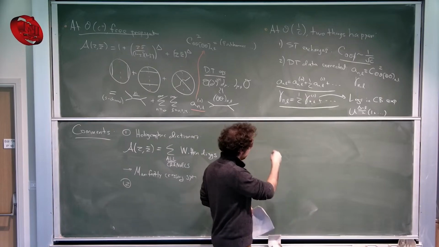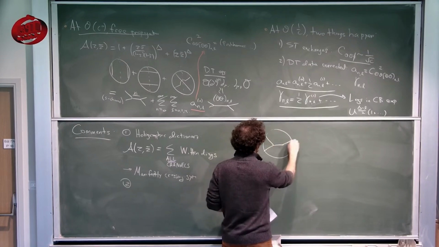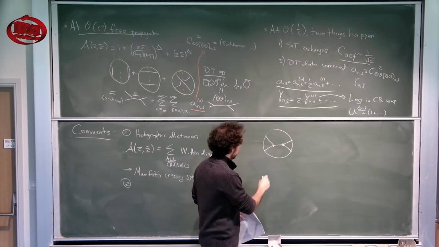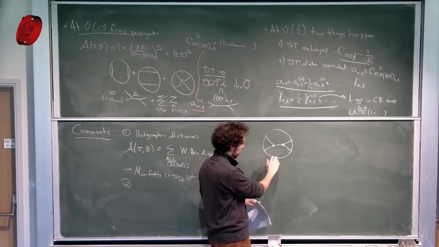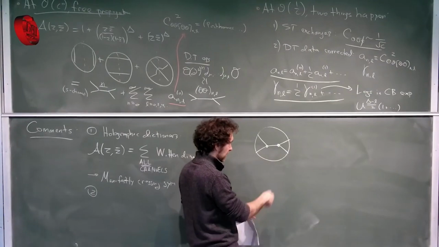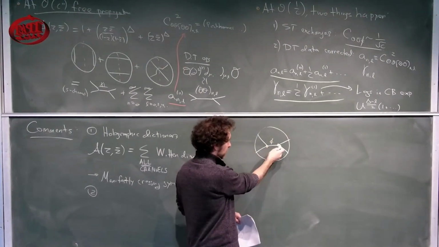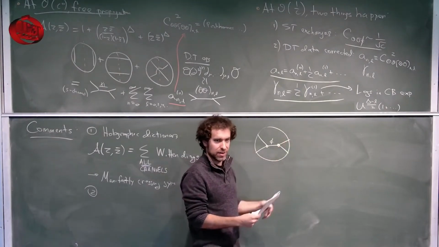Why? Because when you have your single trace operator, that means in the bulk there's some diagram like this. There's some vertices here, with OPE coefficients, and there's some double trace contribution from this. But this is just fixed by the single trace exchange in the sense that this field, phi, is dual to a single trace operator, where these vertex factors are fixed by the OPE coefficients of that single trace.